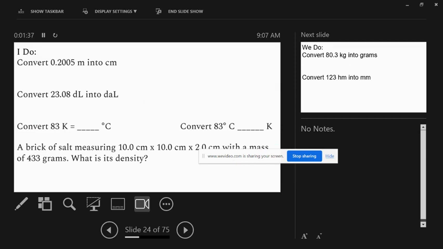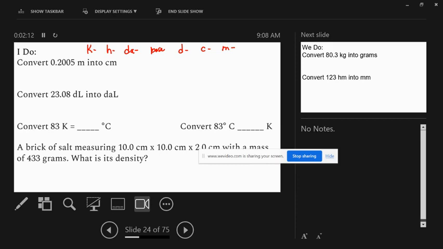First one, we're going to convert from 0.2005 meters into centimeters. So I'm going to have my metric line. This is my base unit here, which in this case is going to be meters for this one. I'm going to find where I'm starting on this line.